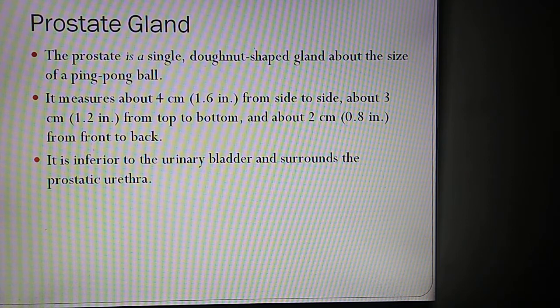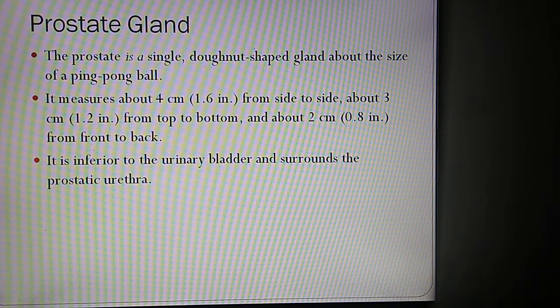Next gland is the prostate gland. The prostate is a single donut-shaped gland about the size of a ping pong ball. It measures about 4 centimeters from side to side, about 3 centimeters from top to bottom, and 2 centimeters from front to back. It is inferior to the urinary bladder and surrounds the prostatic urethra.